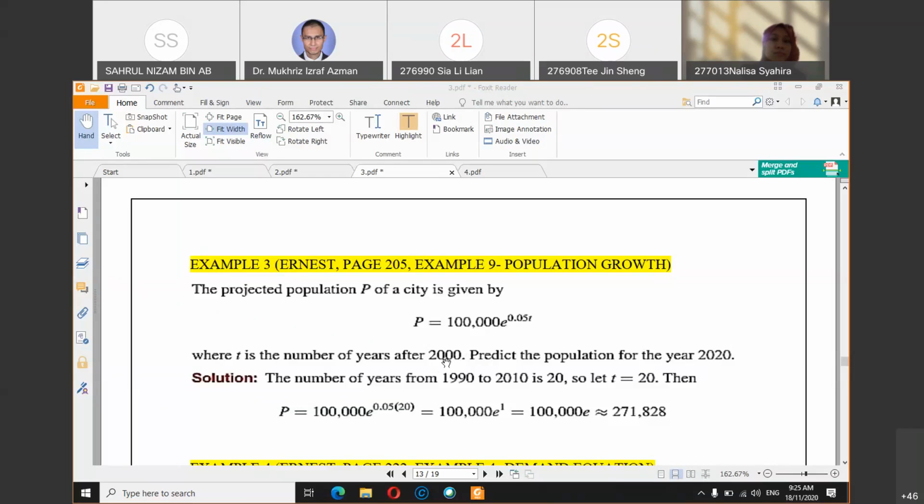Why is this one 2000, and this one 1990 to 2010? You want to calculate for 2020, right? Yes, so the number of years begins from 2000, 2020, yes, 20 years.